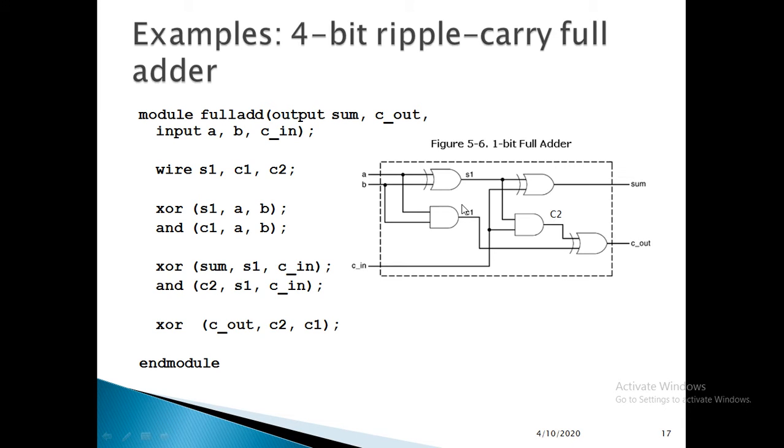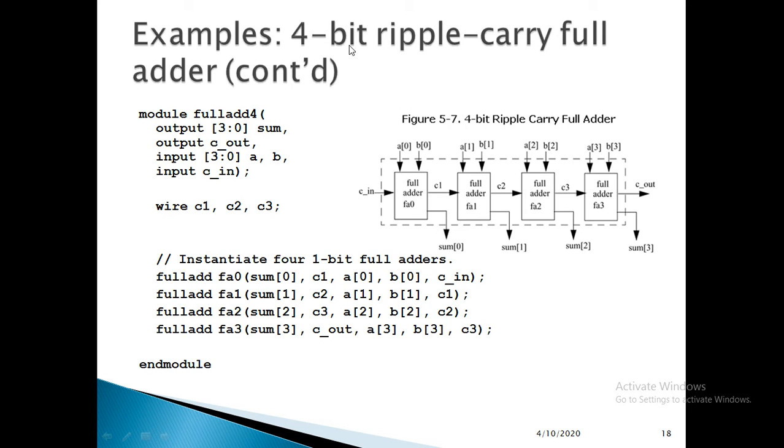Now this logic diagram is for a 4-bit ripple carry adder. The same commands are used as given in the diagram: 3 XOR gates and 2 AND gates. So here the sum will be calculated, and here Cout.